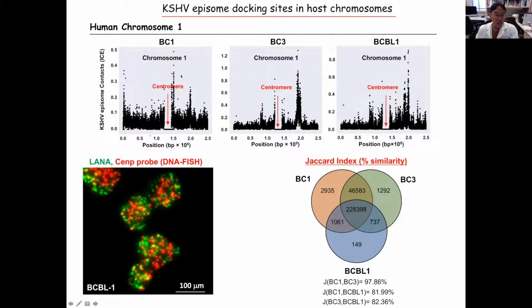Then we looked at whether this binding site is random or not, using the Jaccard index. What we see is that the cell lines have very similar positions for the tethering site. For example, BC1 and BC3 bind about 97% to the same site.